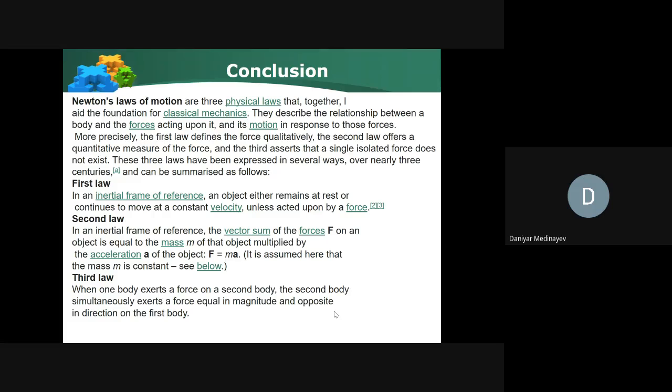And the third law is that when one body exerts a force on a second body, the second body simultaneously exerts a force equal in magnitude and opposite in direction on the first body.